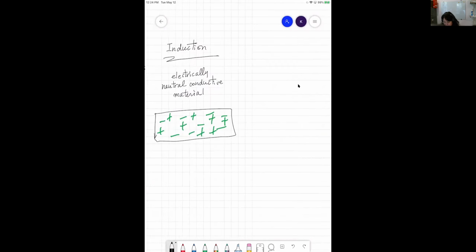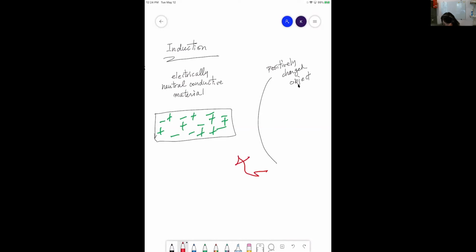But if I bring an object, let's say a positively charged object, it could be negative, whichever, closer.